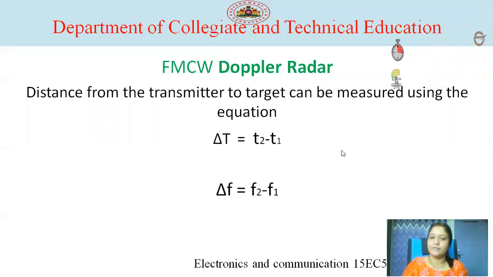If the frequency variation is there, we can easily mark the transmitted frequency and the frequency at which the echo signal returns. This time and frequency are directly linked. Therefore, if we know this delta F, it is as if we know delta T, and we can easily find the distance.